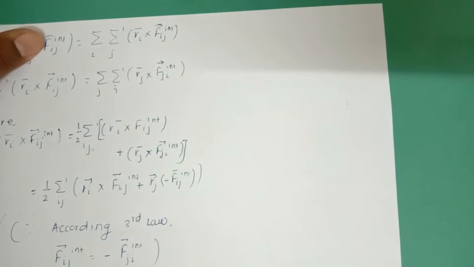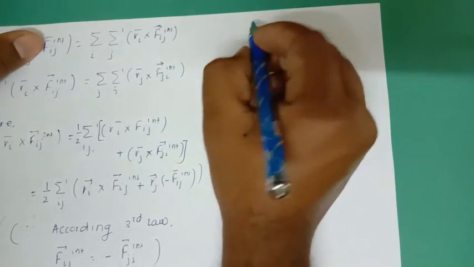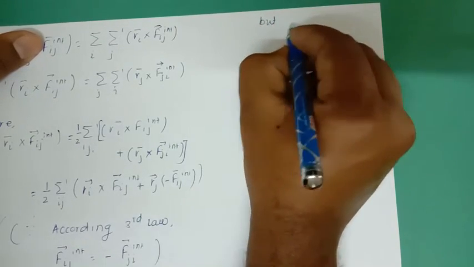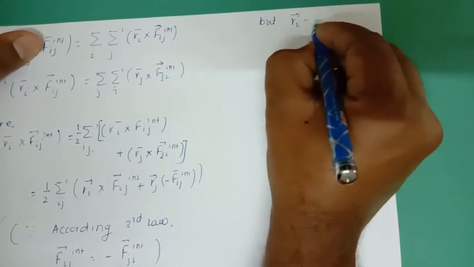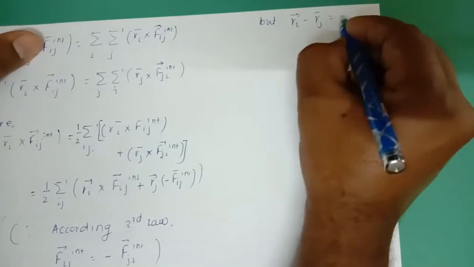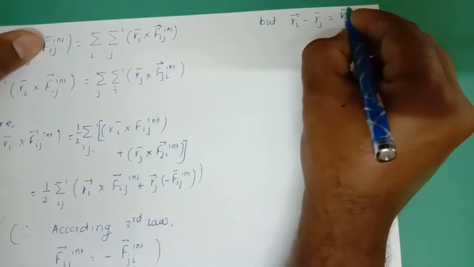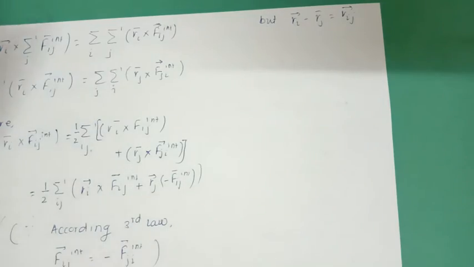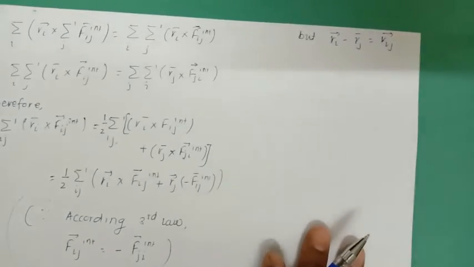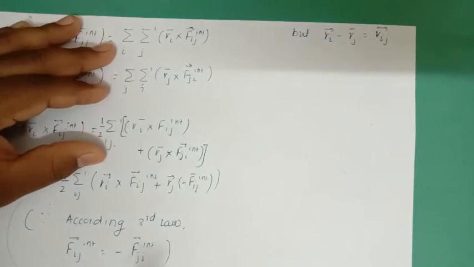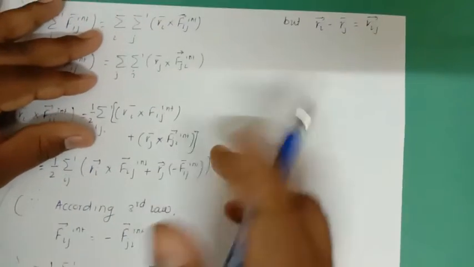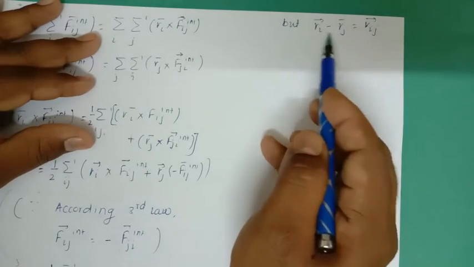But what is Rij from the last equation? Ri minus Rj is again Rij, the distance or position vector between point i and point j. So suppose instead of Ri minus Rj, I put Rij.